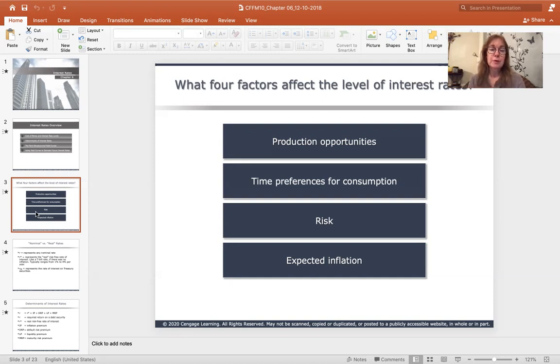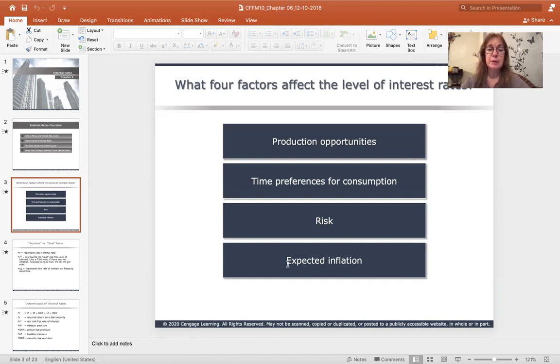So think about the supply and demand for money. If we have a current time preference for consumption, meaning we want to spend all of our money today on consumer items, then the supply of money will be less, and that will cause interest rates to go up, and vice versa. Risk: the riskier a project is, the higher the interest rate is going to be.